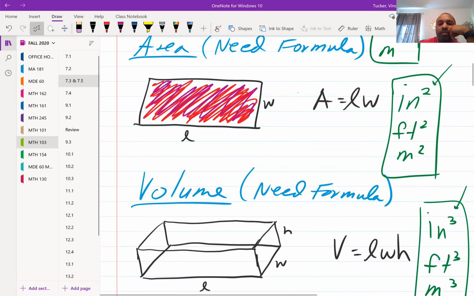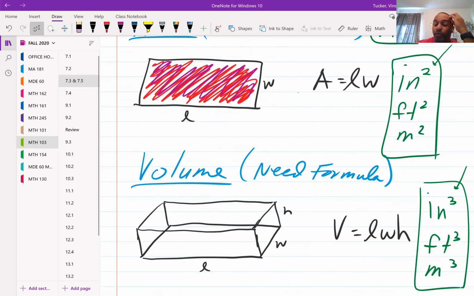Now, the volume, you need a formula for volume as well, and that's how much space a shape takes up three-dimensionally. So the volume formula for a rectangle is length times width times height.